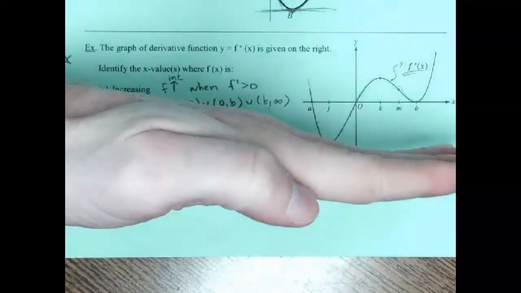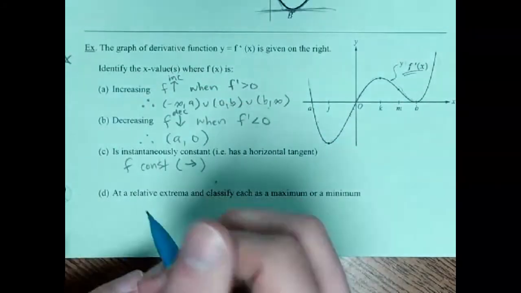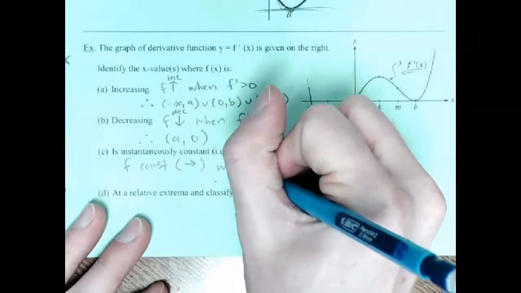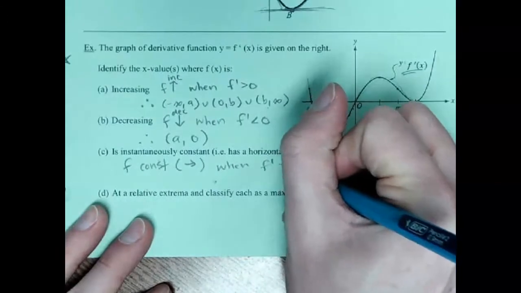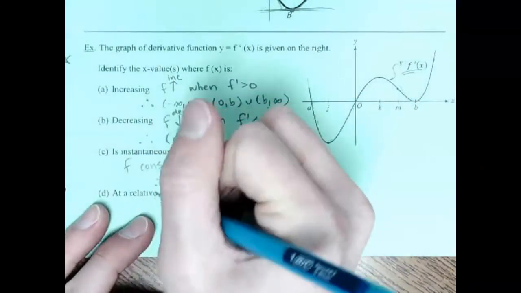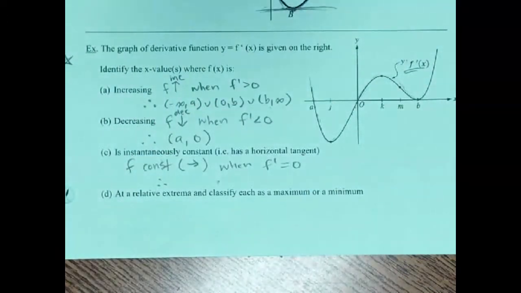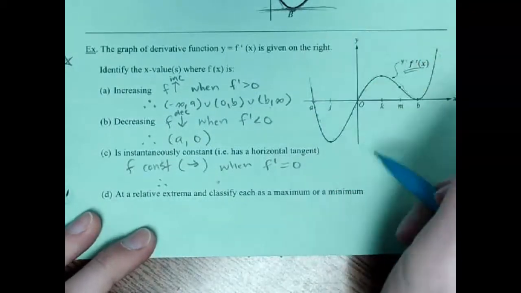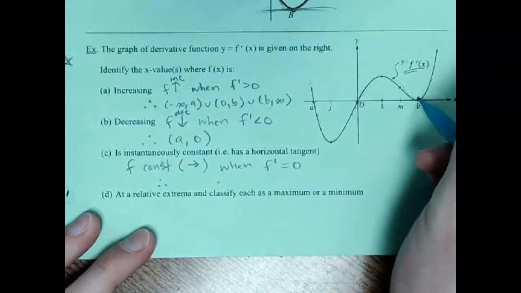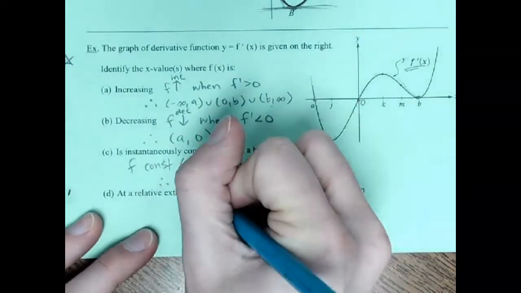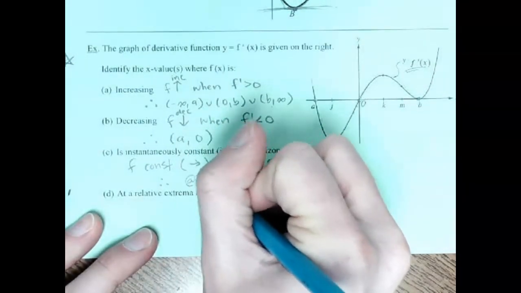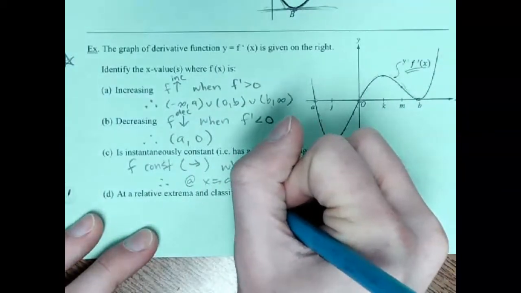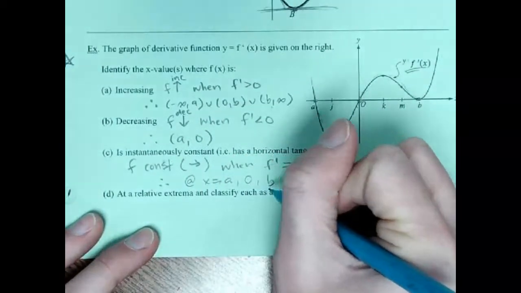Constant means your line's going to be horizontal, so f is going to be constant when the derivative is equal to 0. Now, there's not usually intervals where this happens. There's typically only points, instances where this happens, and it's going to be any of the x-intercepts of that derivative. So therefore, at x equals a, x equals 0, and x equals b.